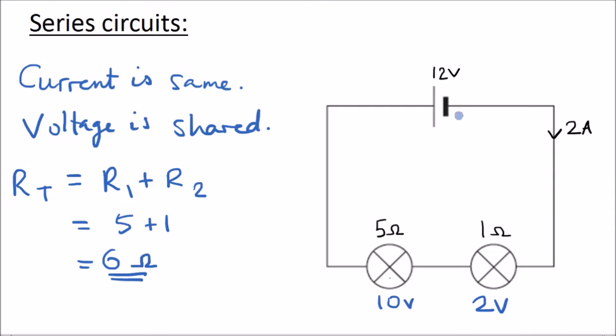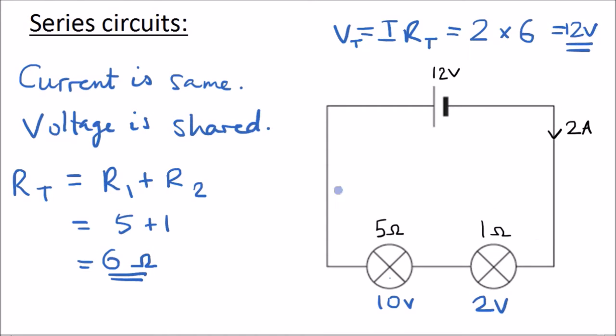And if you notice, V equals IR for this total circuit: the total voltage in this circuit which comes from the battery, 12 volts, equals the current, which is 2 amps, multiplied by the total resistance, which is 6 ohms.